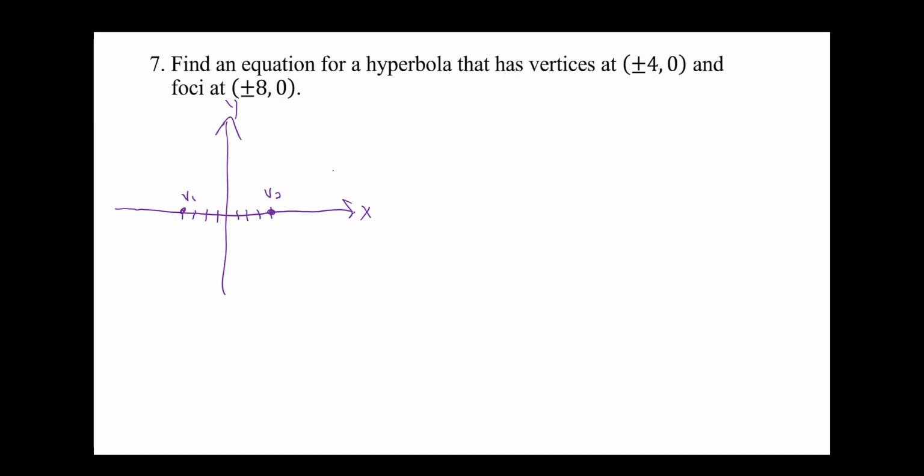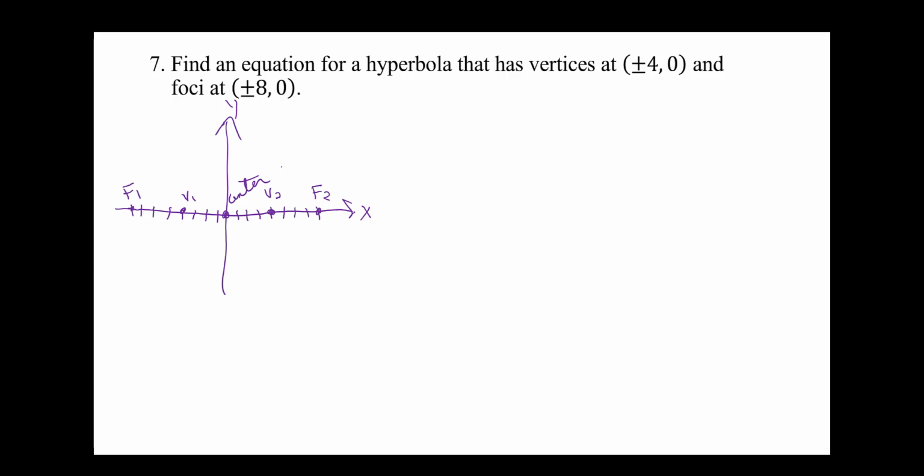So with hyperbolas, the foci are farther out, generally speaking, than the vertices. So we're coming out 4 more to give us a focus here, and 4 more to the left to give us a focus here. So we have our vertices and our foci, and we can see the center is going to be right here in the middle, right? So we know a couple different things here.